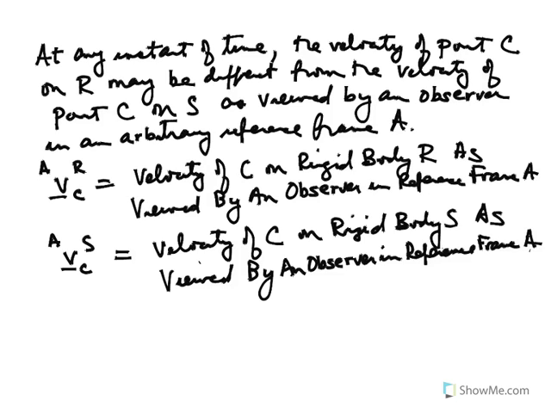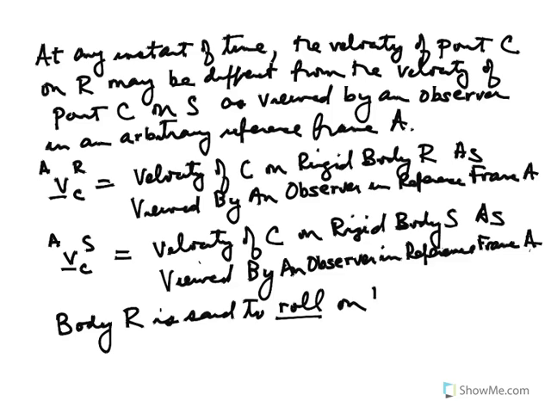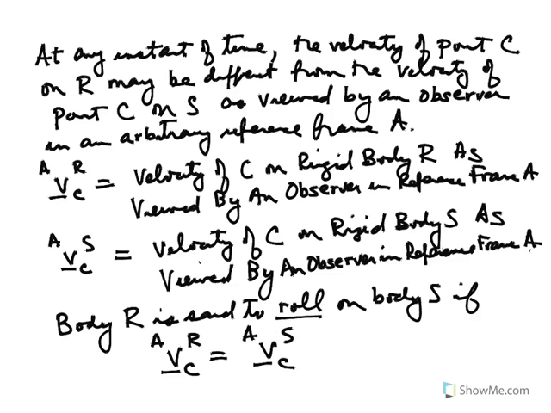Now, we're going to define two different types of contact. The first is what's called rolling, and the second is what's called sliding. So we say body R is said to roll on body S if the following condition is met: that the velocity of point C on R in A is equal to the velocity of point C on S in A. This is what's called the rolling condition.